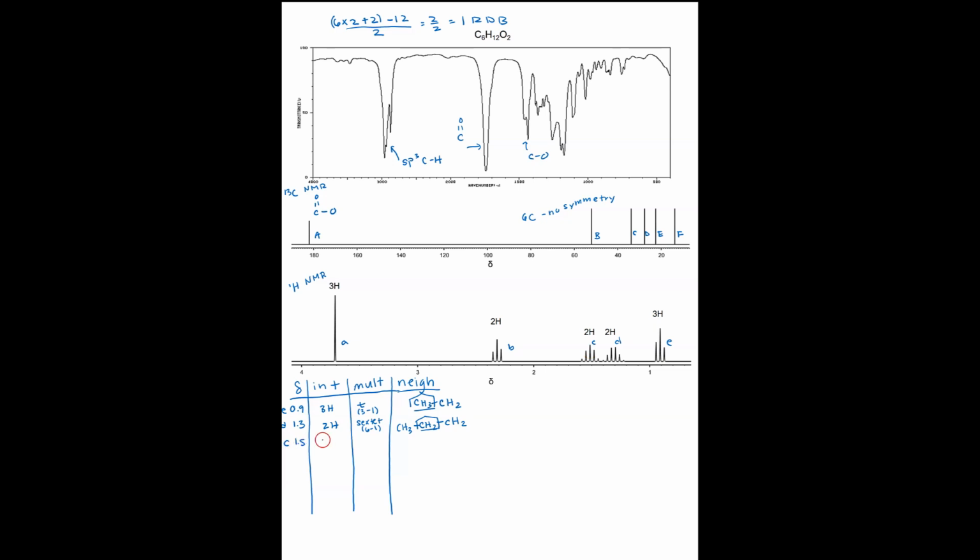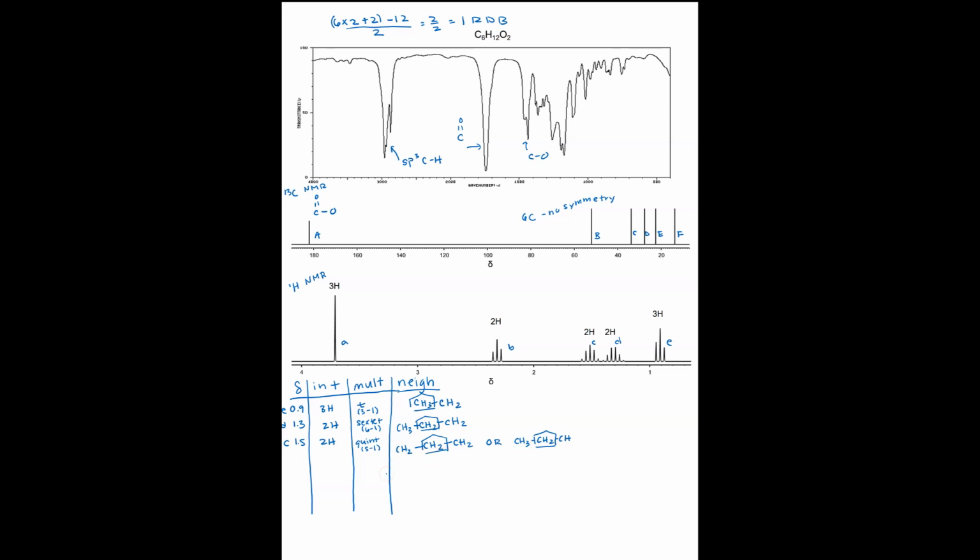This is 2H. This one has 1, 2, 3, 4, 5. This is a quintet. So 5 minus 1 equals 4 proton neighbors. So that would be a CH2 next to 2 CH2s, or it could be a CH2 next to a CH3 and a CH. Okay, so both of these have 4 neighbors next door.